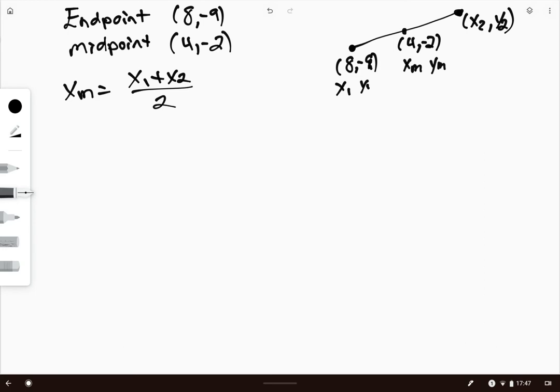So when I begin solving for x2, I begin with setting xm equal to my midpoint formula. So xm in this particular case was 4. My x1 is 8. x2 is what I'm trying to solve for. All of that divided by 2.